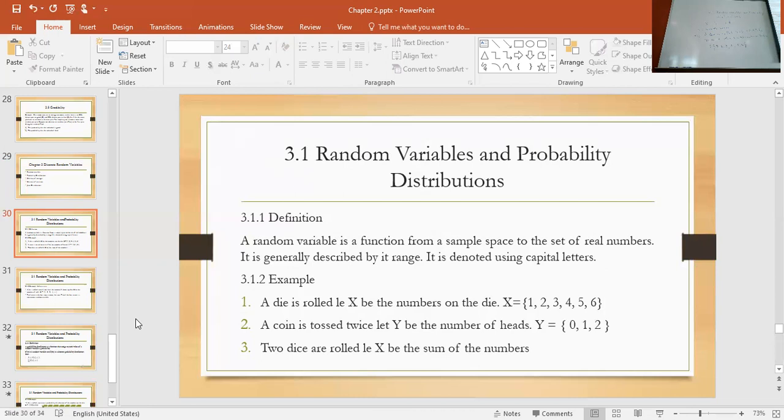So Y will be 1, 3, 5. When you roll 2, you get 1. When you roll 4, you get 2. When you roll 6, you get 3. So this is the random variable. It is actually a function.